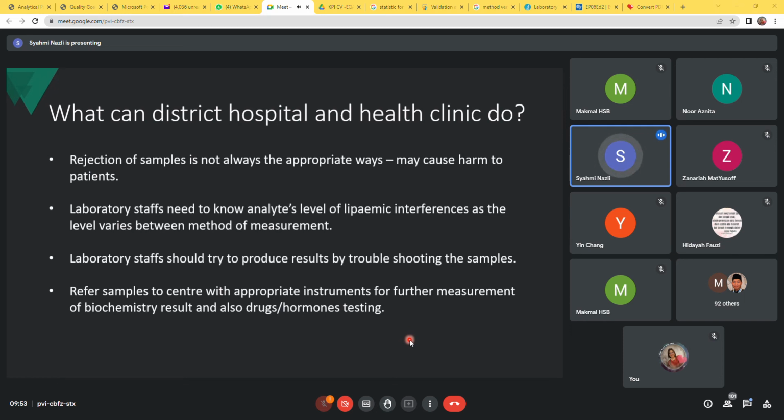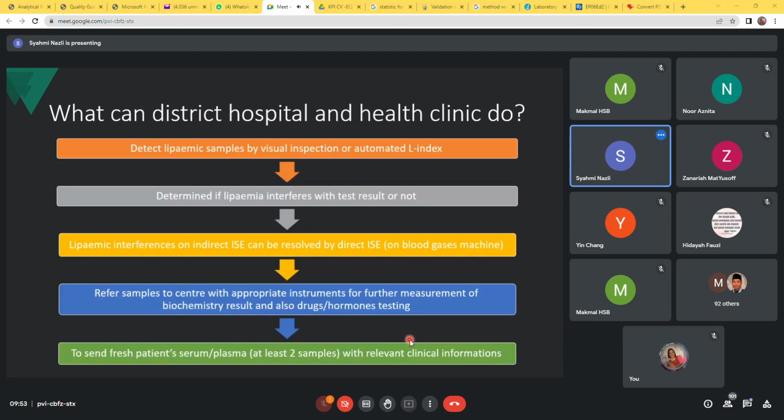Right now in the Penang state, only Hospital Pulau Pinang and Hospital Seberang Jaya have this high-speed centrifuge. So I just roughly show you the procedure you can do at your levels.